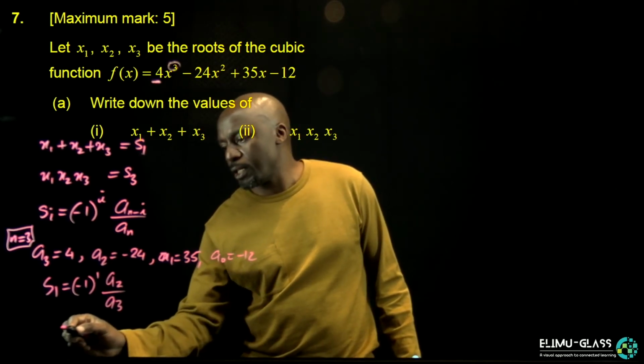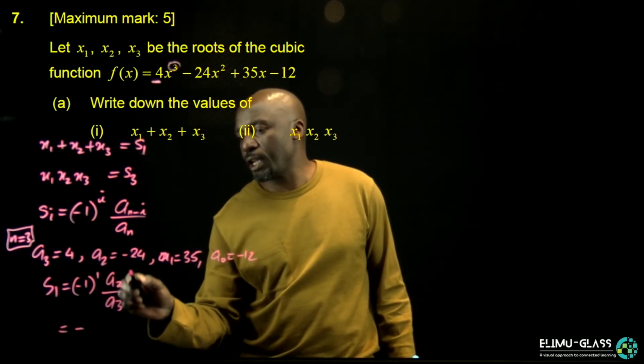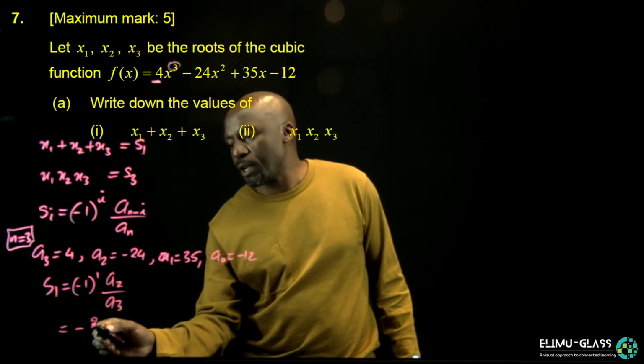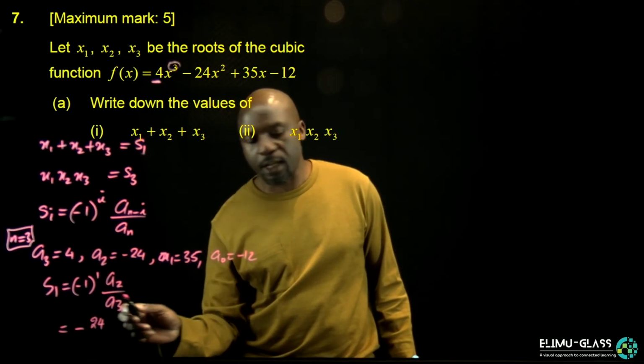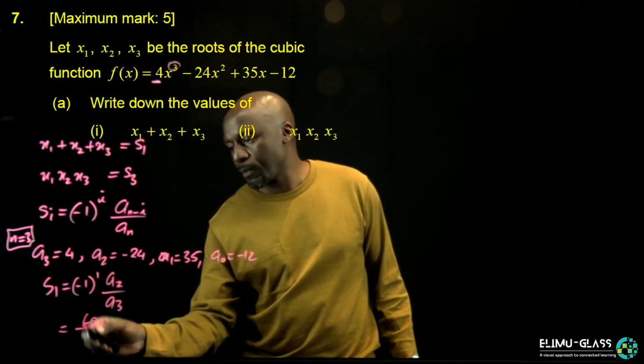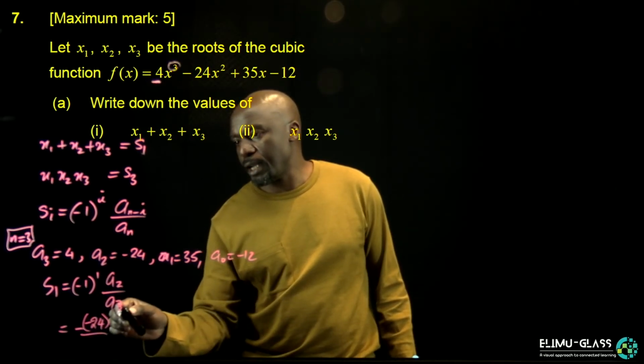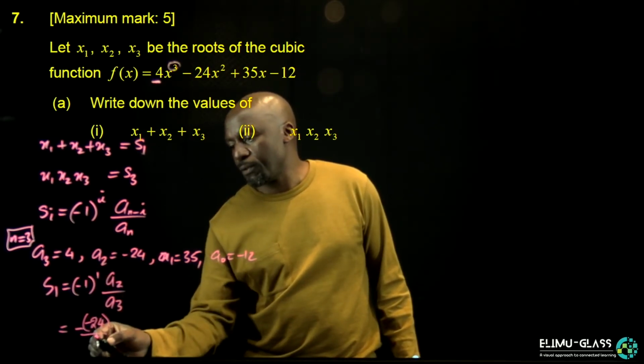So this is in fact the negative of A2, that is, the negative of negative 24, divided by A3, which is 4.